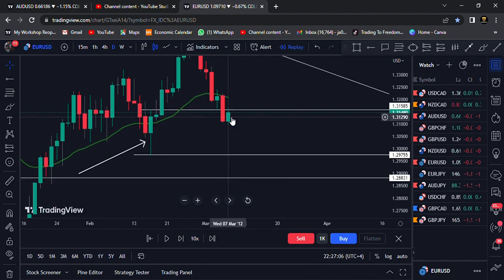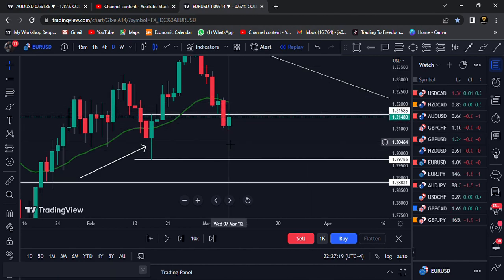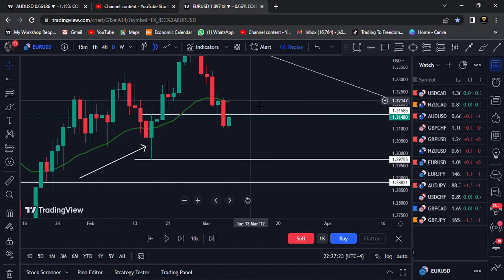But since we are not at that position, even if you reach the 15 minute time frame, you're still going to see the market the same as we are seeing here. Now we have a chance that the market might be selling, but we cannot just sell now. We have to wait for the market to give us a correct sell confirmation before we sell.